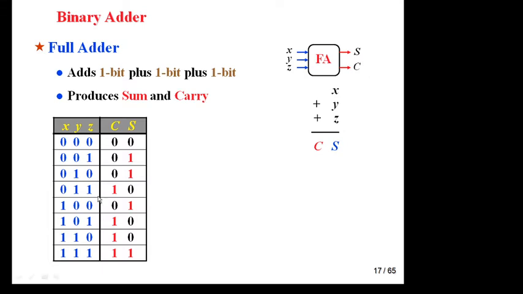So you can see sum: 1, 2, 4, 7. In all four cases there are an odd number of ones in the inputs: 3 ones, 1 one, 1 one and 1 one. So directly you can write down sum equal to A XOR B XOR C.